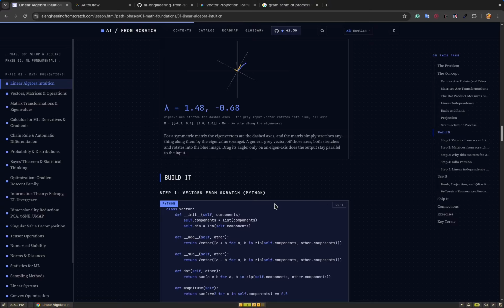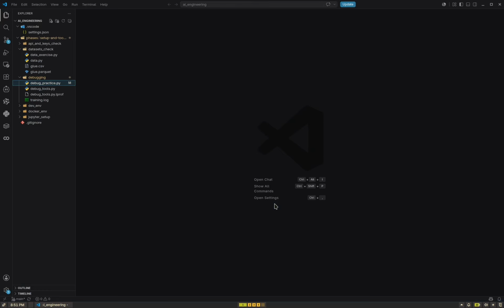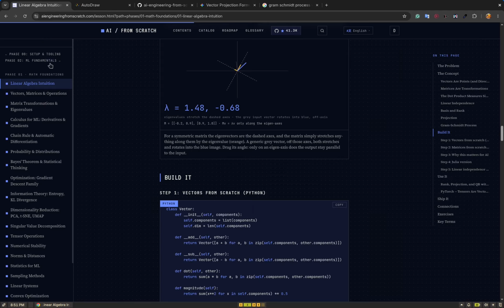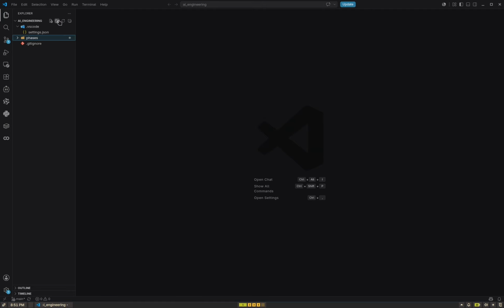Okay, let's do some coding now, finally. Yes. Phases, and in the second it is the step for ML fundamentals.